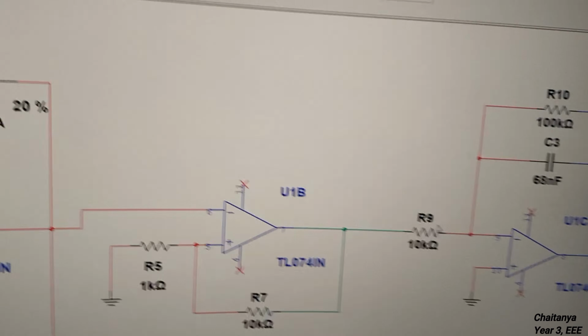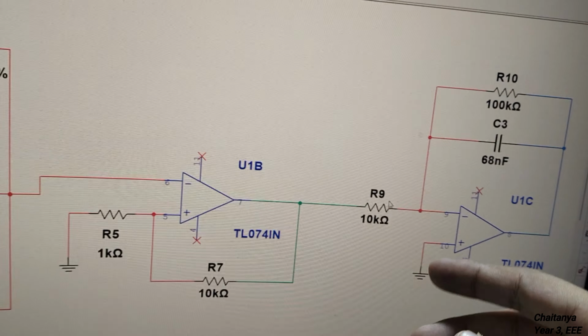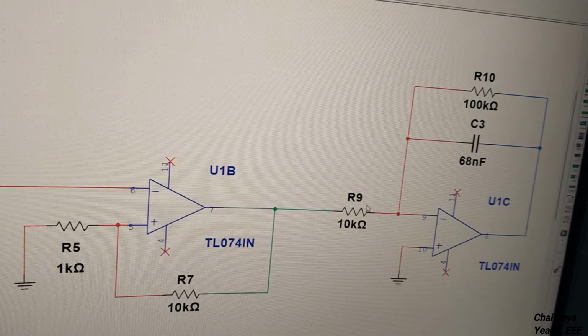To prevent that, we have this higher value resistor, and as a thumb rule, we choose it as 10 to 20 times the series resistor. I just chose 10 times, and I checked that and it worked out.